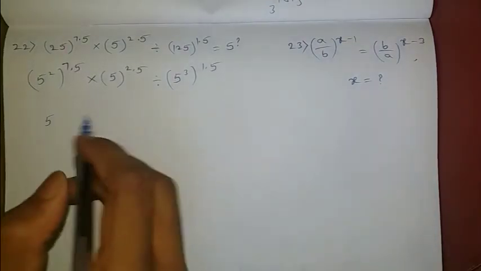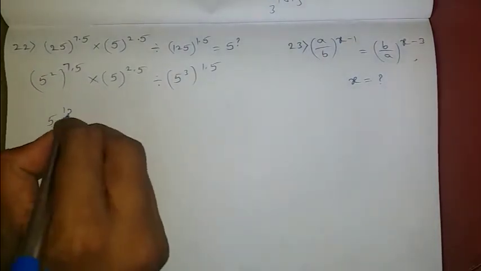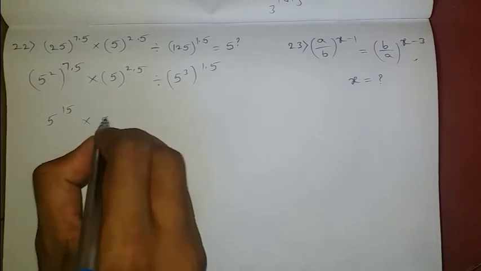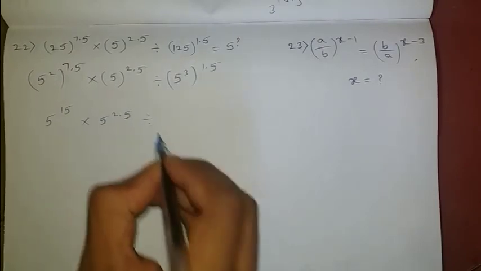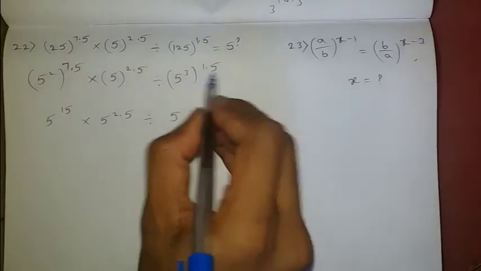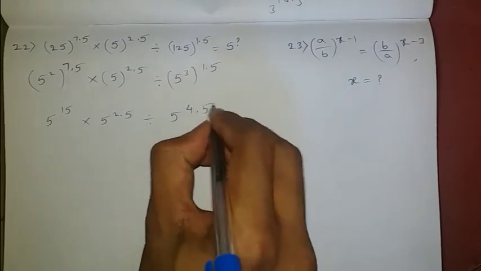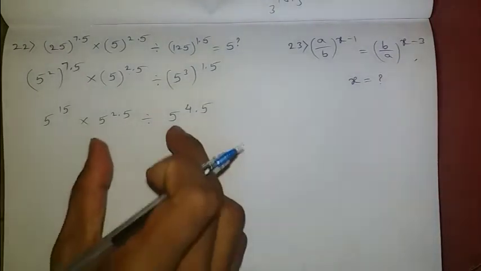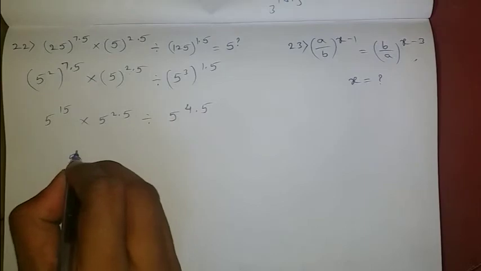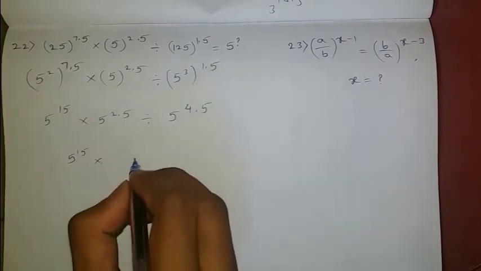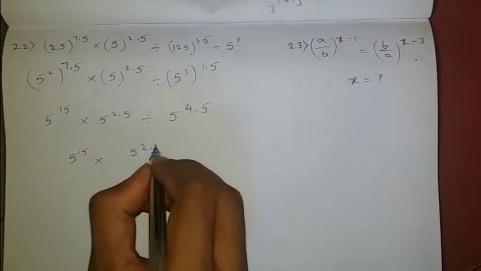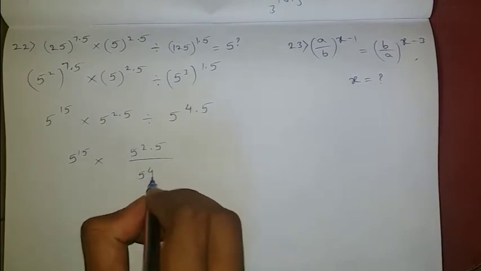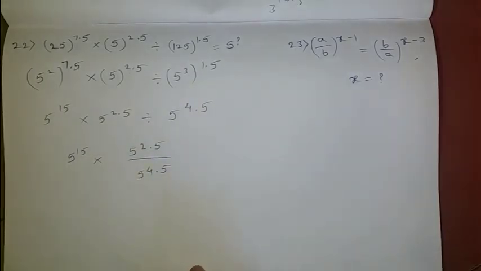Here 5 power 2 into 7.5 is 15, into 5 power 2.5, divided by 5 power 3 into 1.5, which is 4.5. First we need to solve the division, so I will write this as 5 power 15 into 5 power 2.5 divided by 5 power 4.5.